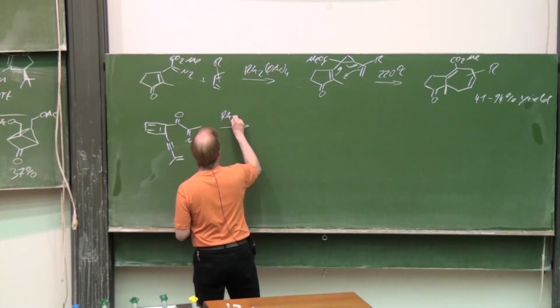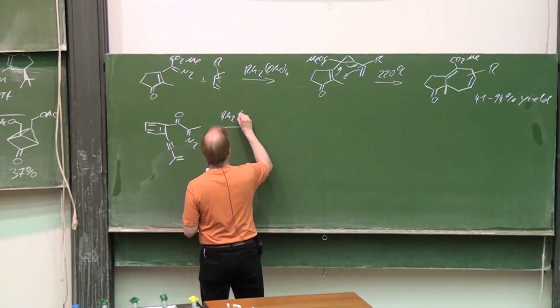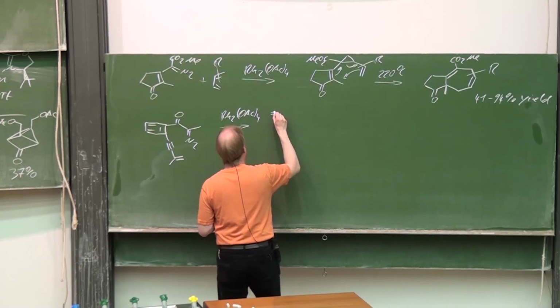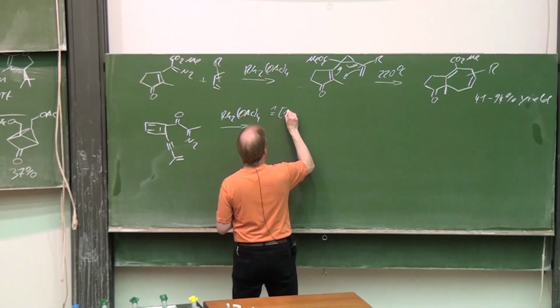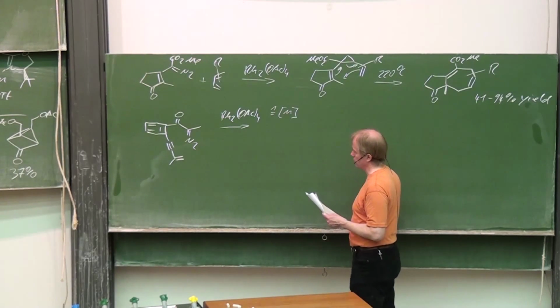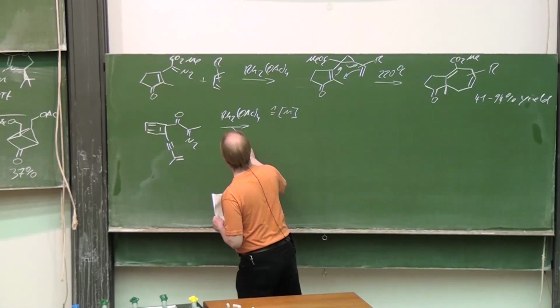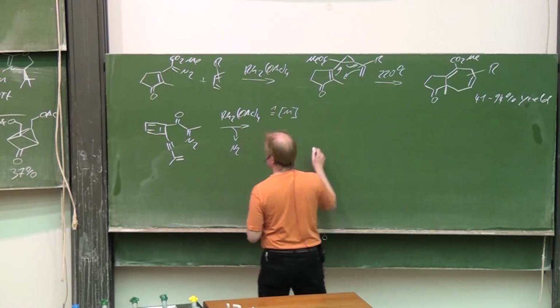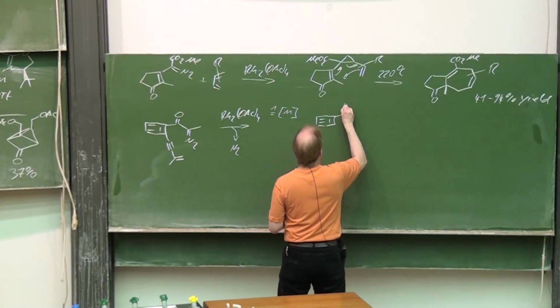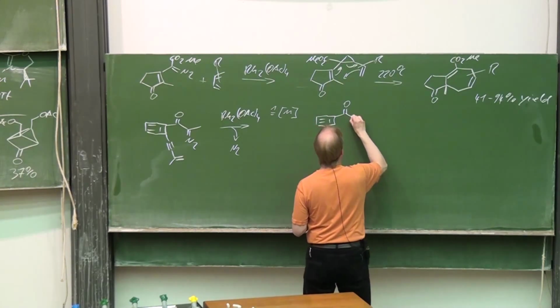So again, dirhodium acetate, and we abbreviate that as the catalytic metal complex. So, N2, elemental nitrogen, is produced.